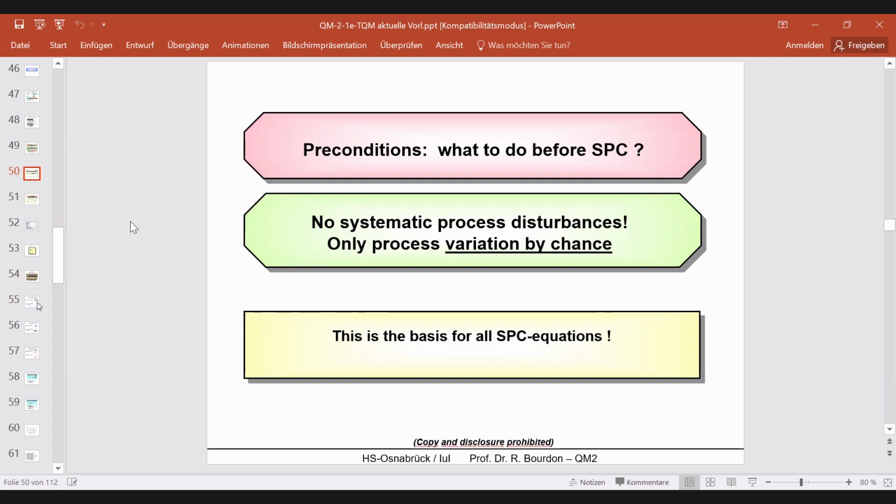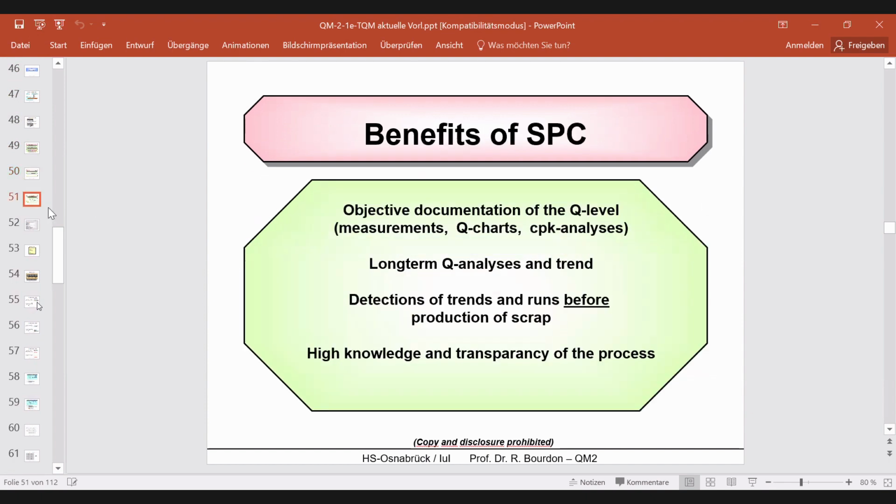The basis for SPC is that there is only a random variation, a variation by chance. No systematic disturbances are allowed. In many productions, you cannot make sure that there are no systematic disturbances, but you have to eliminate systematic process disturbances as far as it is possible, so that the process variation is only random variation. This is the basis for all the equations for SPC.